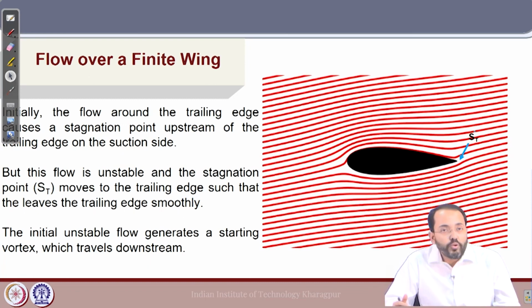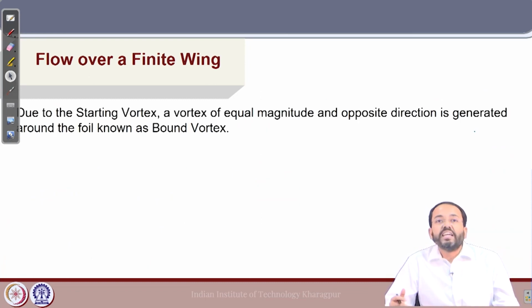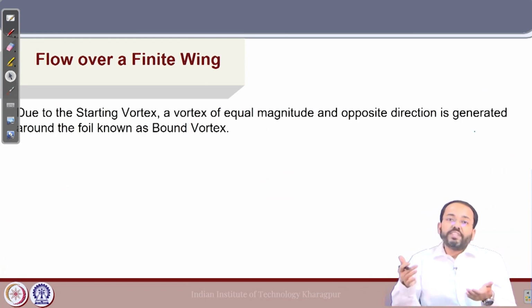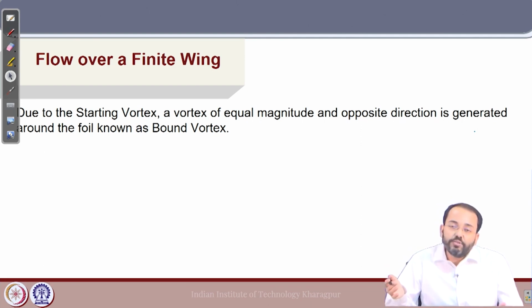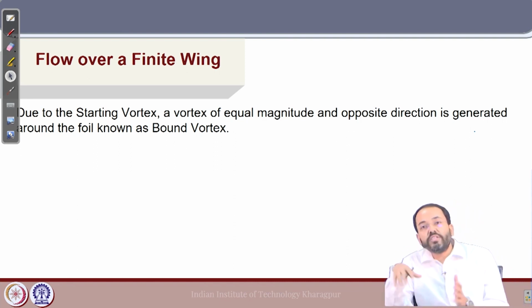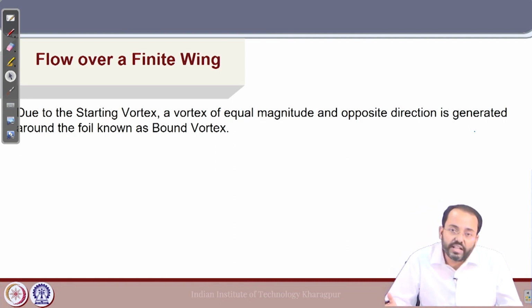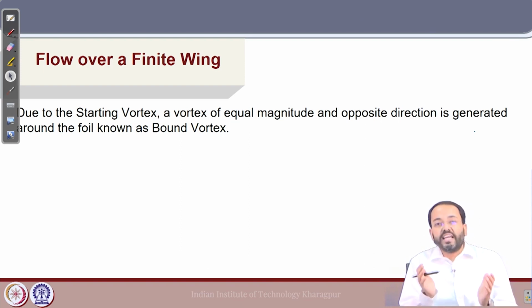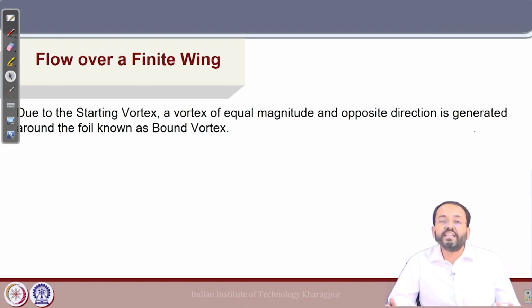Because of the shedding of the starting vortex by the foil, a vortex of equal magnitude but in the opposite direction is generated around the foil, which is called the bound vortex, and this bound vortex around the foil creates the lift. That is how we explain the lift formation by an airfoil.